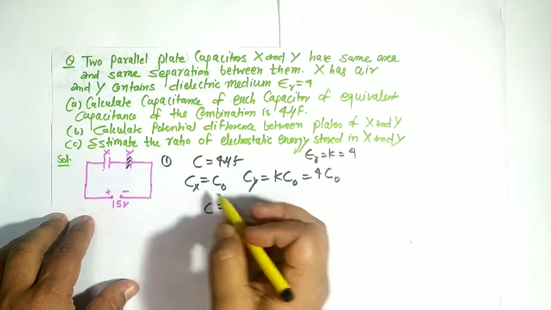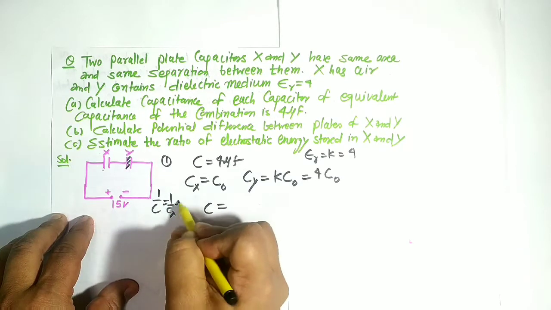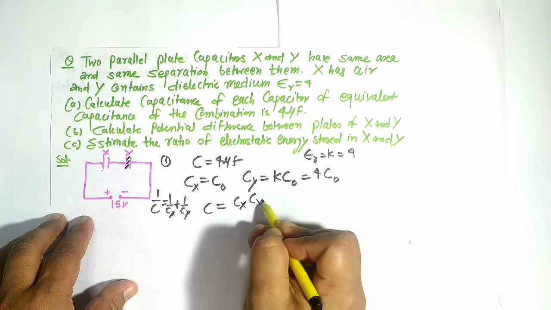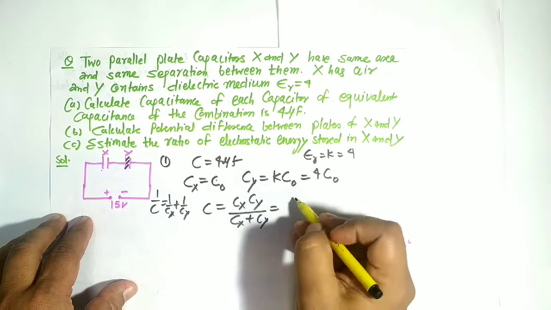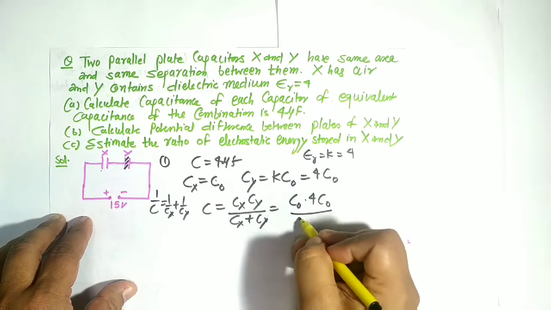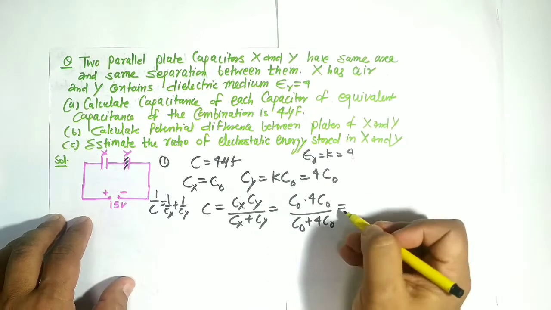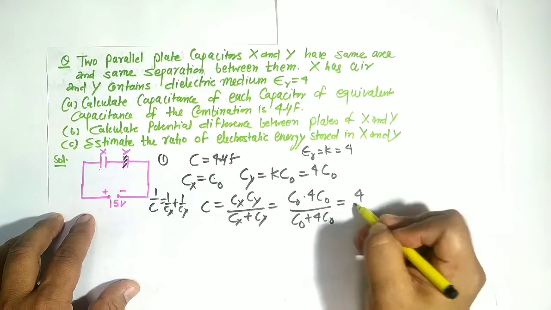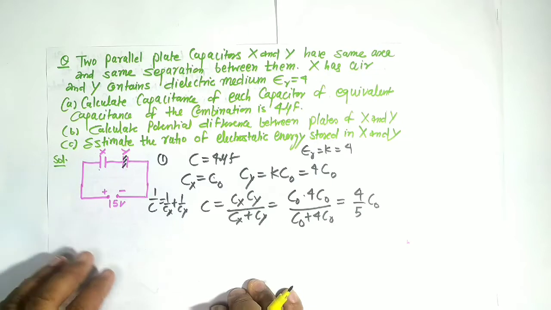Both are in series. Can I write 1 upon C equal to 1 upon Cx plus 1 upon Cy? Can I write directly Cx Cy upon Cx plus Cy? What is Cx? C naught. What is Cy? 4 C naught. And this will be C naught plus 4 C naught. So if you calculate it, it becomes 4 by 5 C naught.